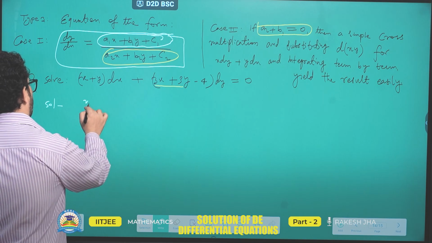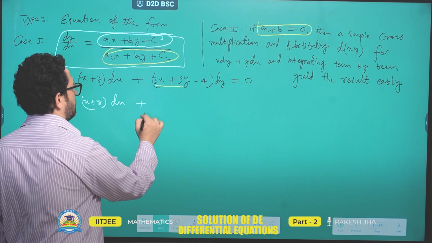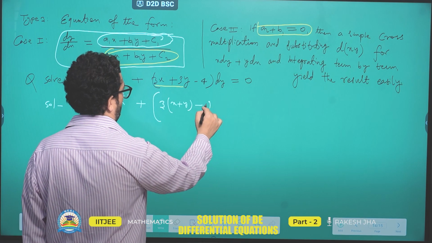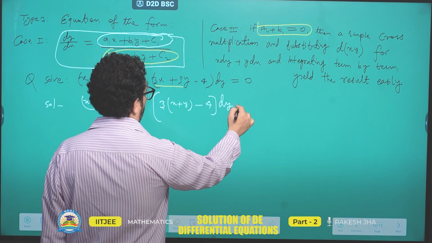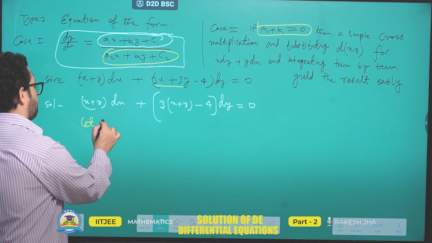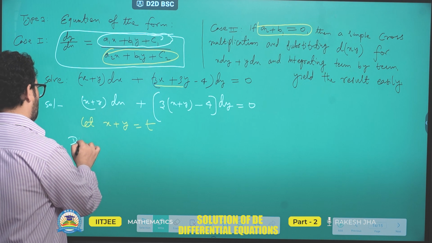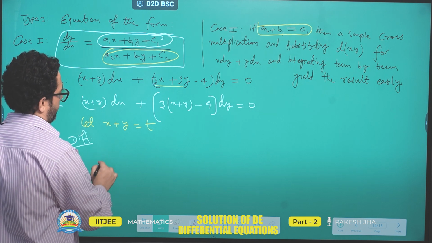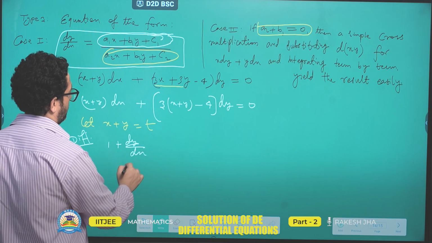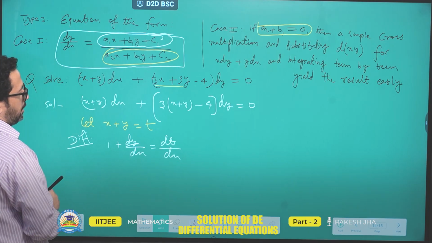So x plus y times dx plus, now here 3 is taken common, so x plus y minus 4 dy is equal to 0. So here let x plus y is equal to t. If you differentiate both sides, what will happen? 1 plus dy by dx is equal to dt by dx, and we need here dy by dx.